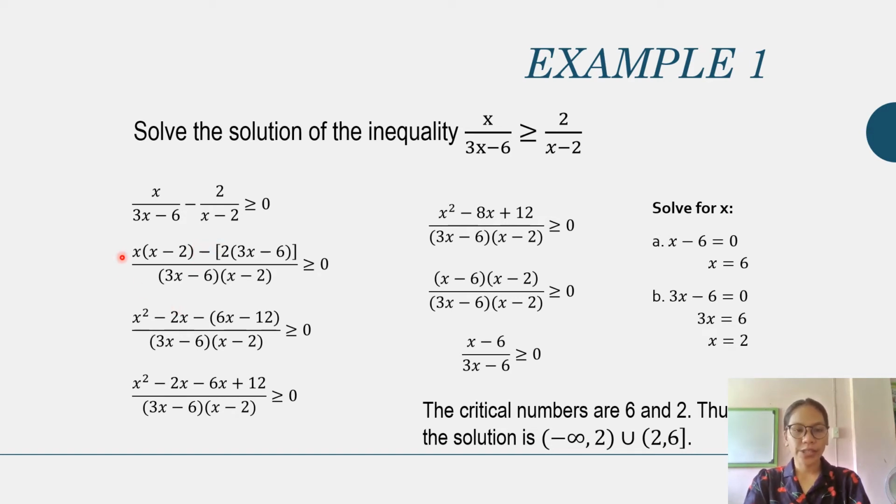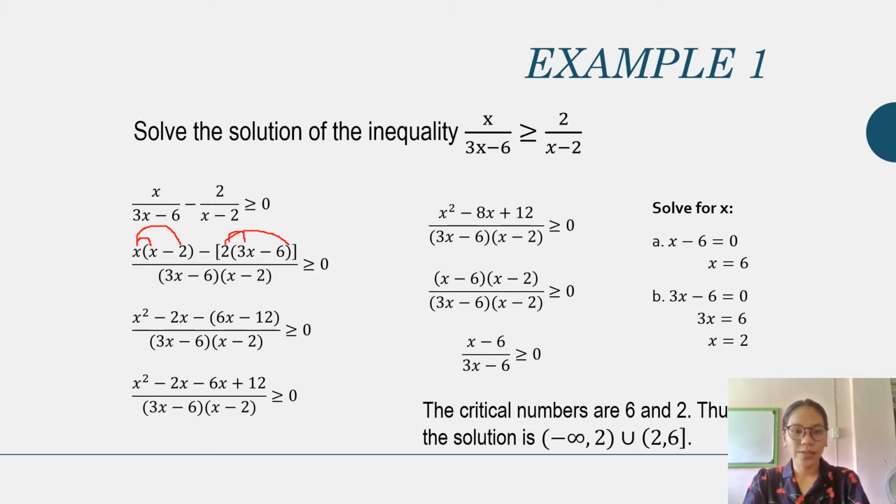After that, we're going to distribute. So distribute natin. We have x times x, we have x squared. So x times 2, we have negative 2x. Then we have 2 times 3x, that is we have 6x. Then we have 2 times negative 6, that is negative 12.